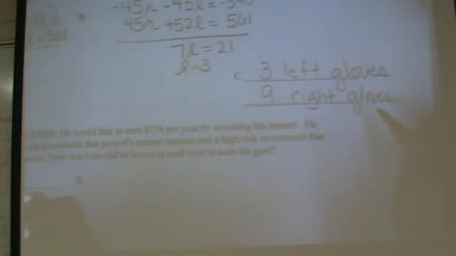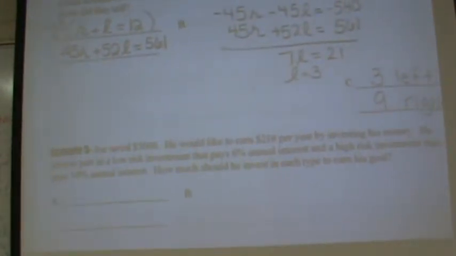How'd you get negative 540? Alex said, let's multiply the top by negative 45, because we want to get rid of this. So negative 45 times R is negative 45R, negative 45 times L is negative 45L, and negative 45 times 12 is negative 540. I'm glad you asked that question, because kids will do the variables and then forget to multiply the final answer.